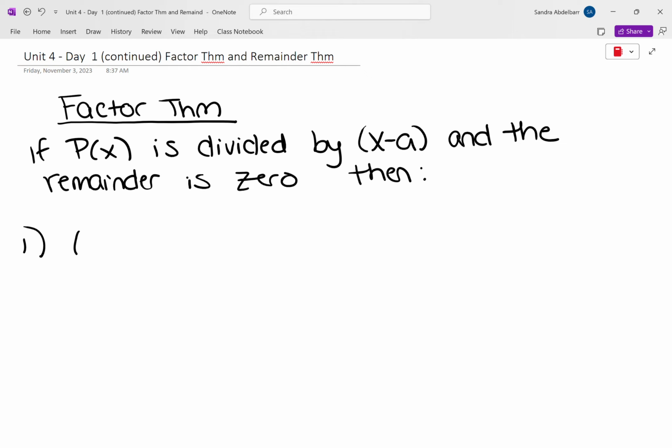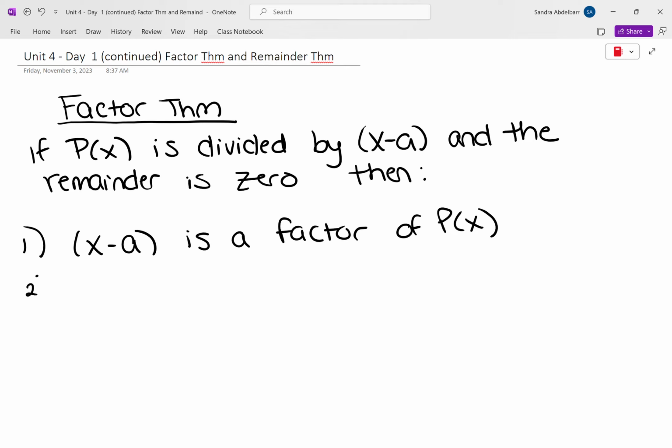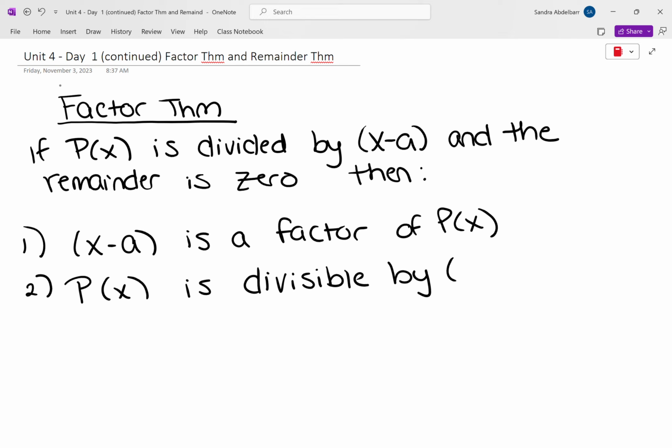We can conclude that x minus a is a factor of p of x. We can conclude that p of x is divisible by x minus a.